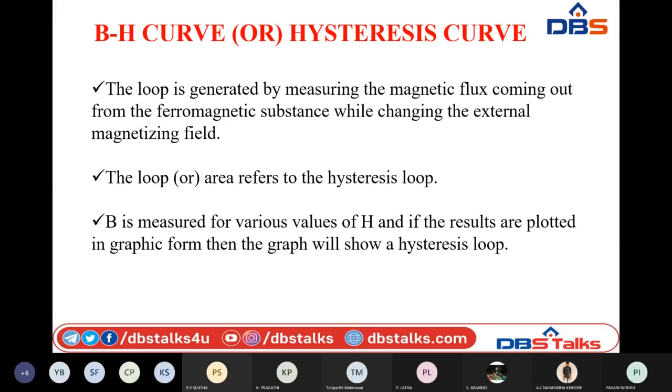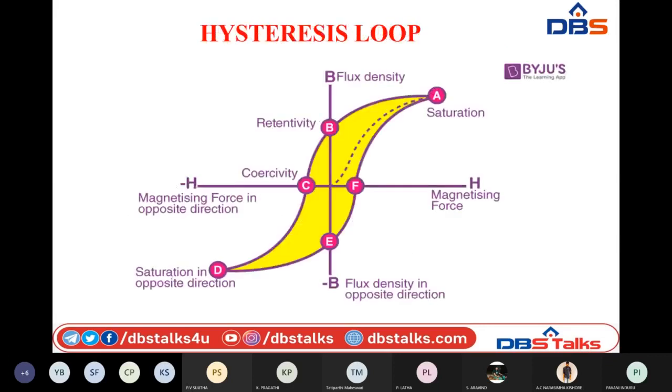Whenever we note down H and B values, it is possible to draw the BH curve. When we draw it, we get a closed loop path, which is known as the hysteresis loop. Here B is measured for various values of H and the results are plotted in graphic form. The graph shows the hysteresis loop like this. Whenever we increase the magnetic field, the flux density increases.